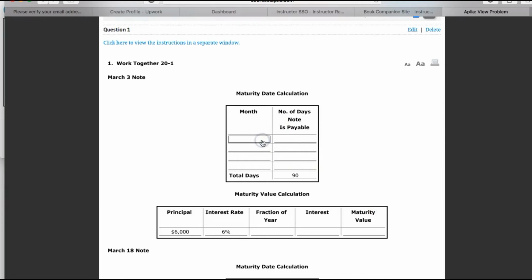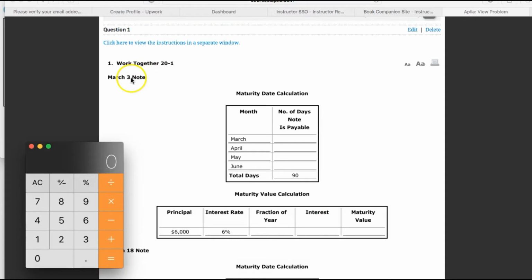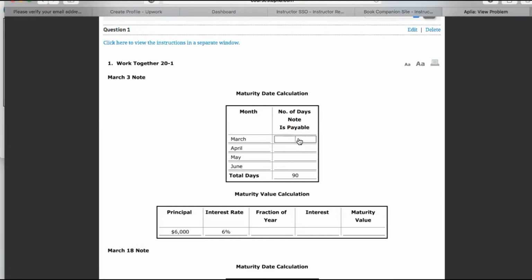So we know that we're going to have March, April, May, June. In order to figure out how many days in March, since we started on the 3rd, we're going to take the number of days in March, which is 31, and subtract 3, and that will give us 28. April has 30 days, and May has 31.